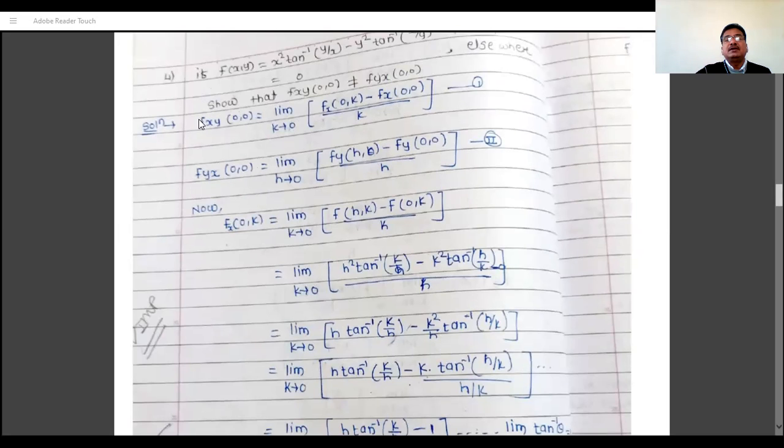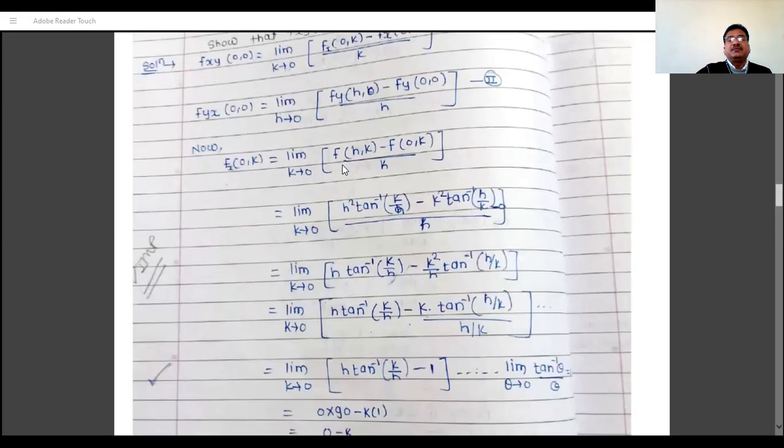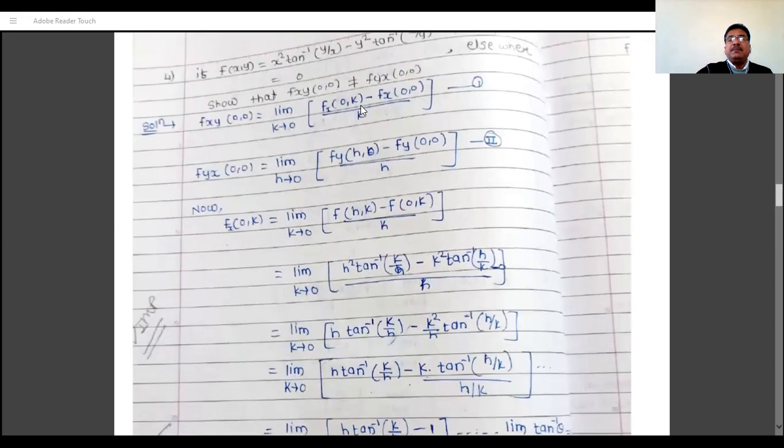Or in some books the meaning of fxy(0,0) is taken as the derivative of fy with respect to x, and then this is the definition. And if you take the meaning of fyx as the derivative of fx with respect to y, then this is the meaning. So then find all of these: fx(0,k), fx(0,0), fy(h,0), fy(0,0).